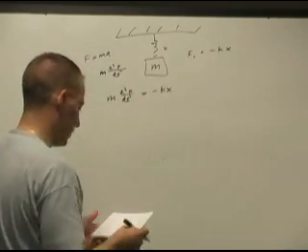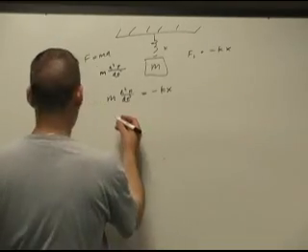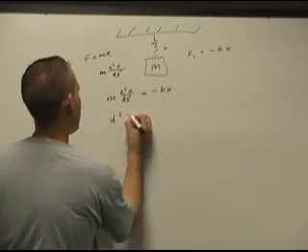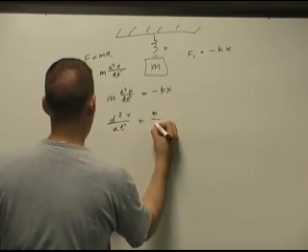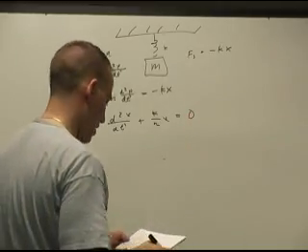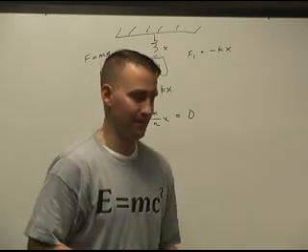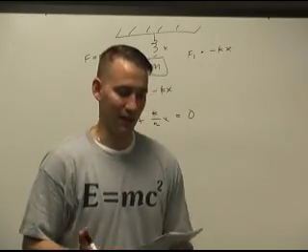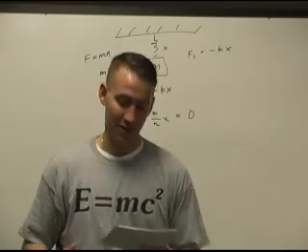And then basically you just solve. Here you have d2x/dt2 plus k over m x is equal to 0. So just a little bit of basic algebra there. And with these spring systems, you need to use a little bit of your differential equation knowledge.